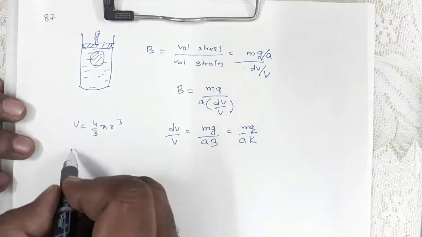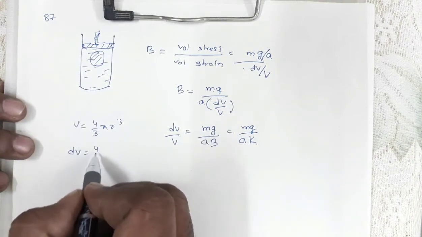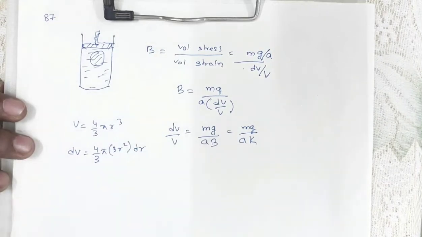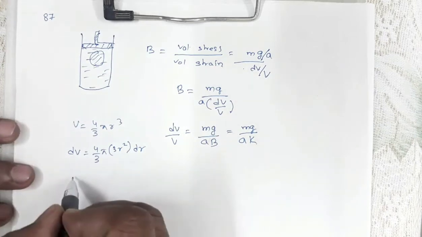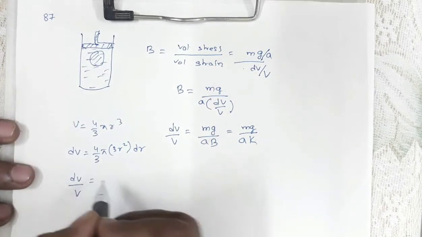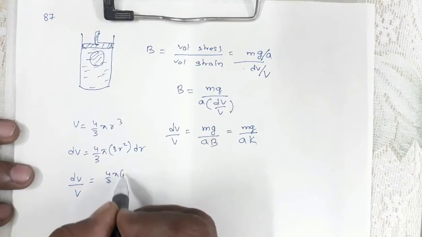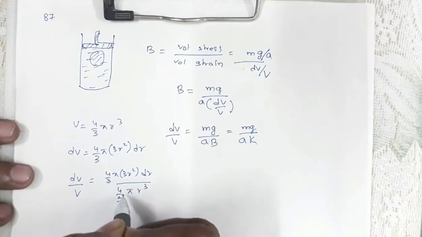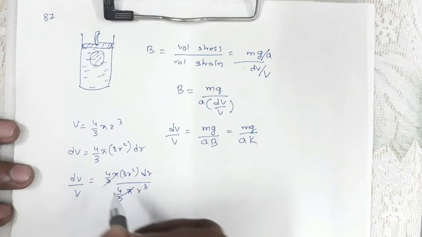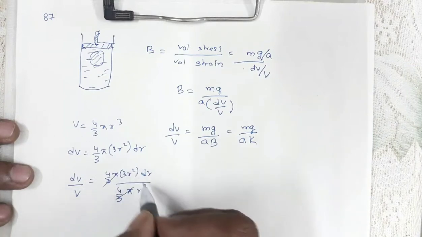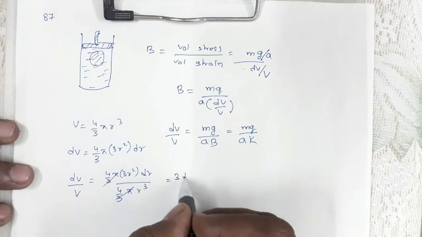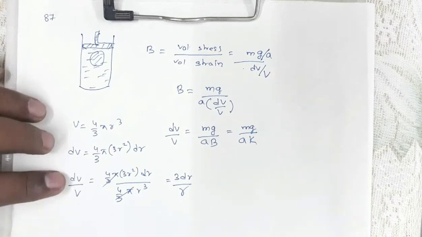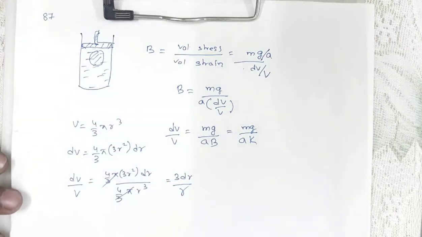So that means dV is equal to 4 by 3 pi 3 r square into dr. So dV by V is equal to 4 by 3 pi 3 r square into dr divided by 4 by 3 pi r cube. The 4 by 3 pi cancels out, r square and r cube cancel, so we have 3 dr by r. So the fractional change in volume is 3 times dr by r.